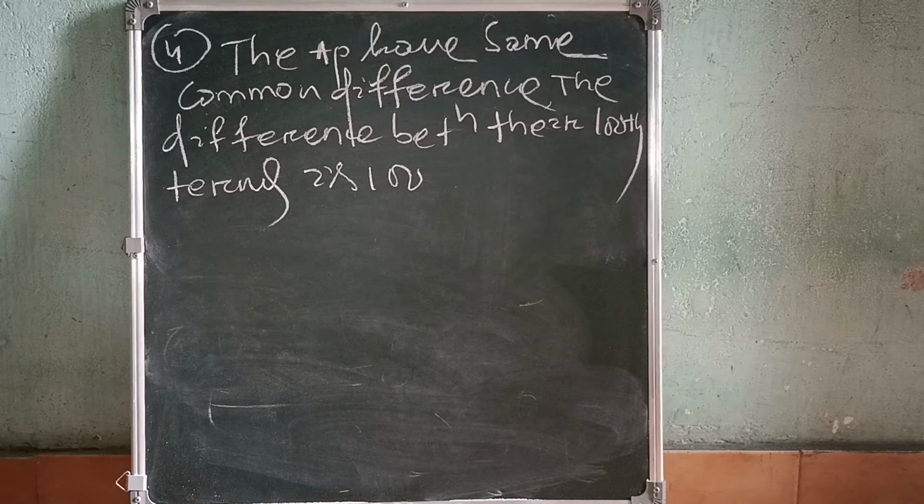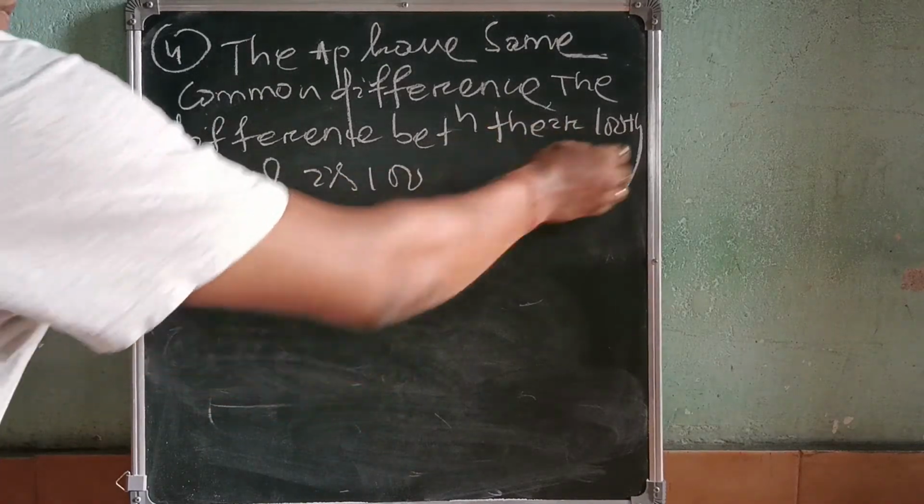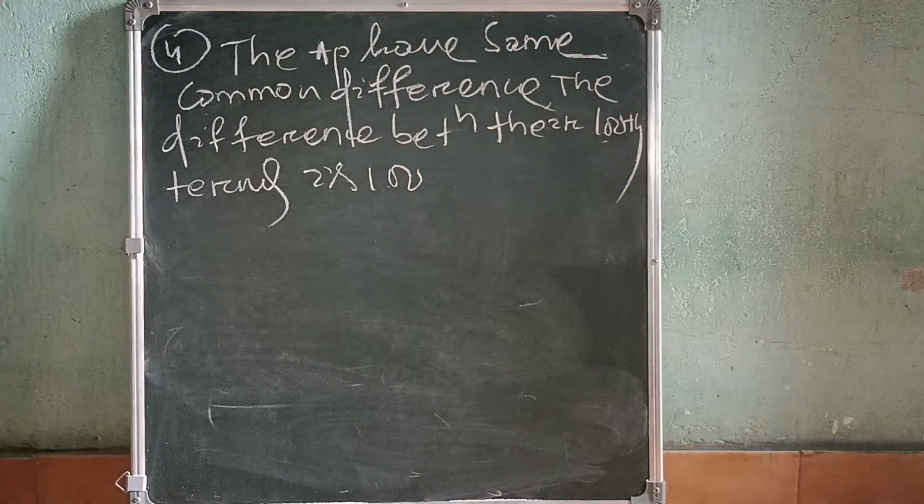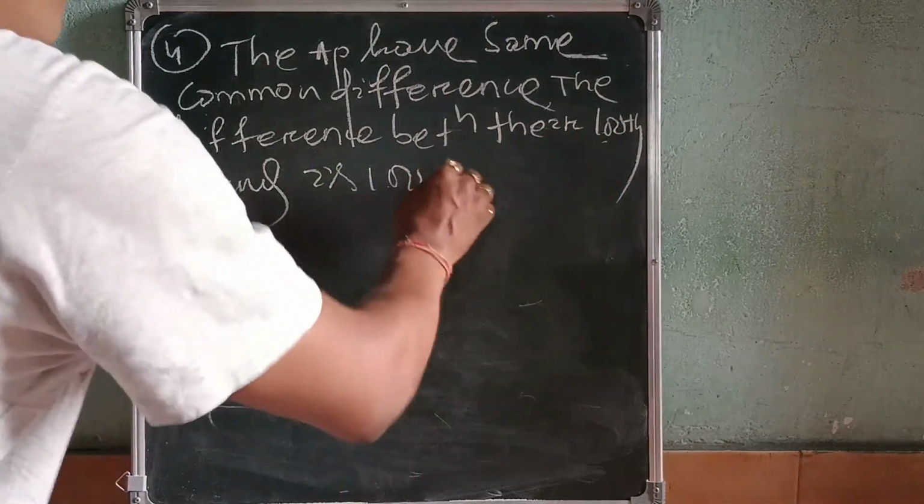It may be the 50th term, 60th term, 1000th term, whatever, but it will be equal. What is the difference between their 1000th terms?